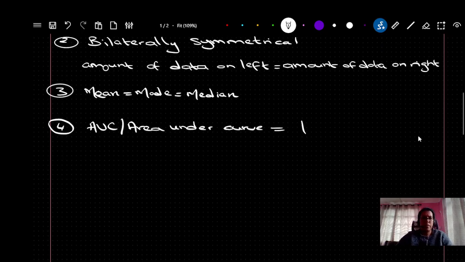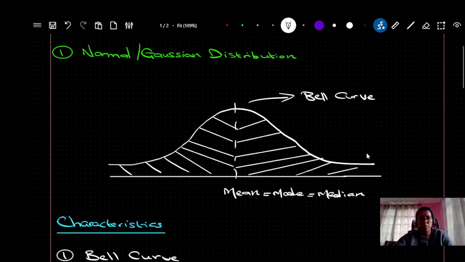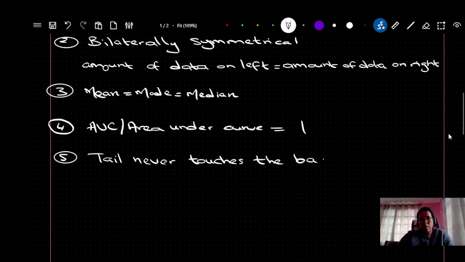You also have another characteristic where you can see that both tails never touch the base. So this also is another characteristic. The tail never touches the base, whether left or right.